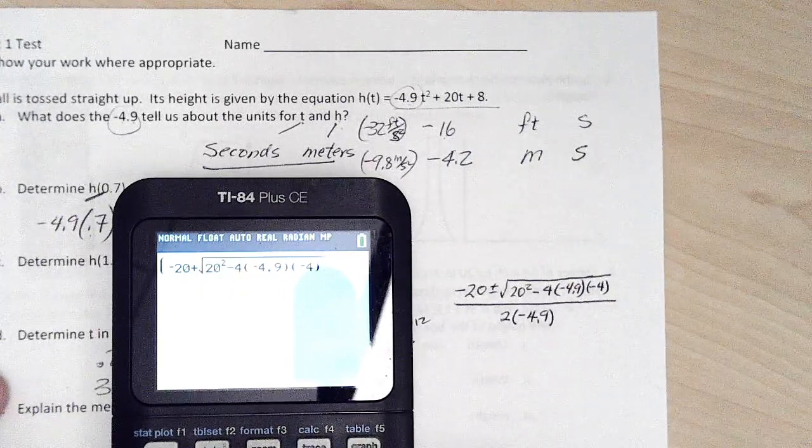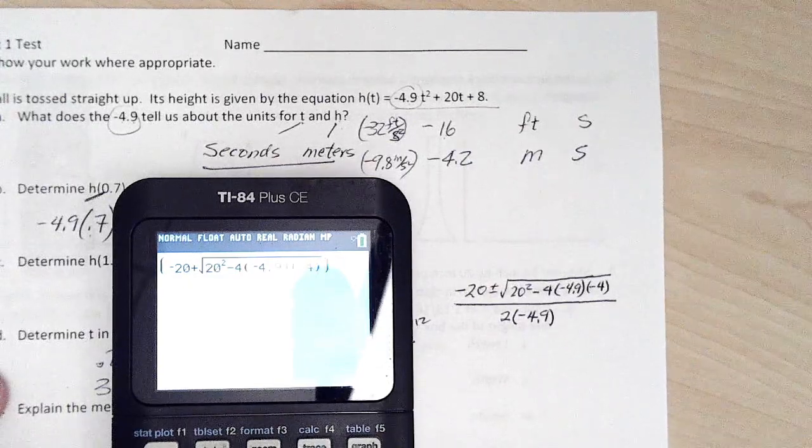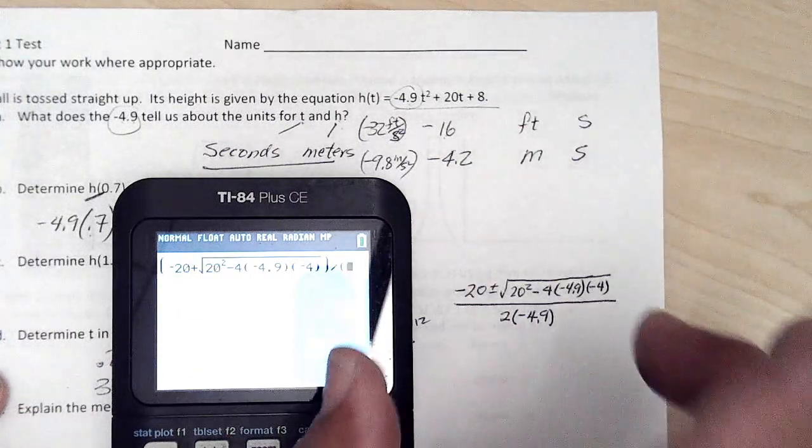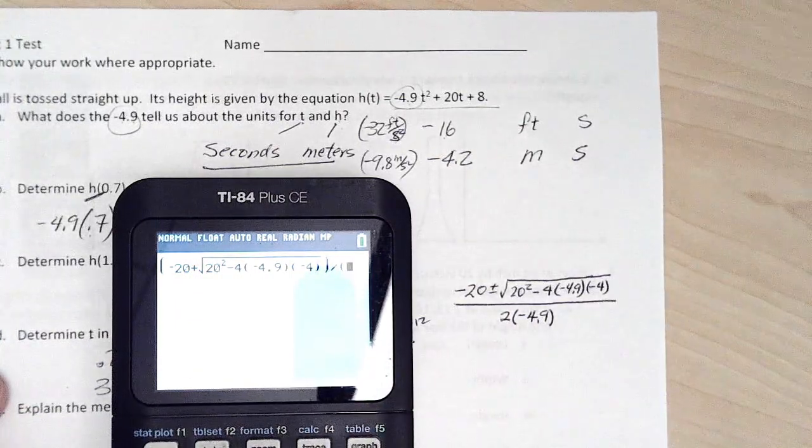Got to close this, and then divide by parenthesis. You got to hold that denominator together. 2 parenthesis negative 4.9, close parenthesis, close parenthesis.